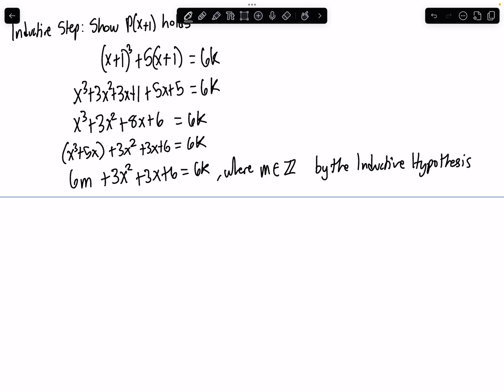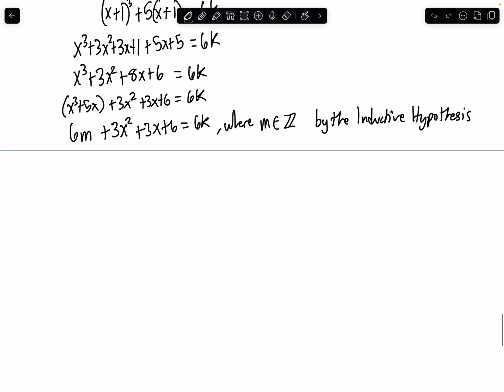Okay, if we want to show that the left-hand side of the equation is a multiple of 6, we need to show that the rest of this is a multiple of 6, because we've already found that one part of it is, and if we add two multiples of 6 together, we'll get another multiple of 6. So how can we show that this is a multiple of 6?